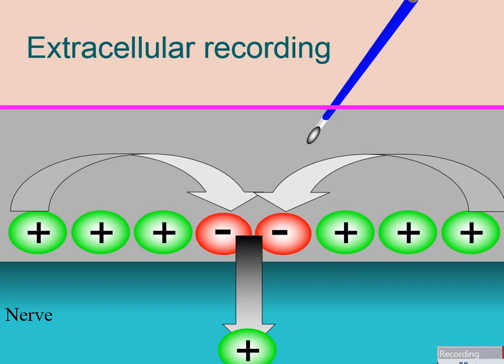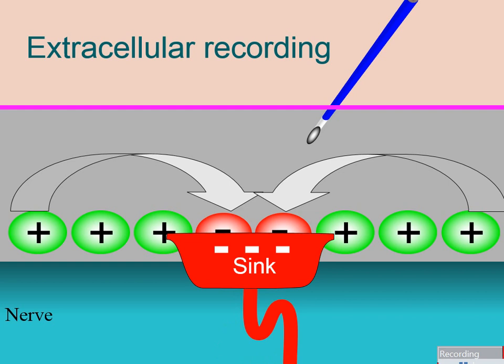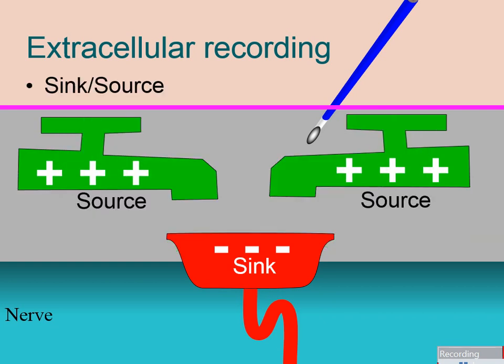And so we have initially this sink, it's called, where the ions flow into the cell, leave a negative charge on the outside, and then we're going to have a source of positive ions to replace the ones that were lost and restore the electrical equilibrium.